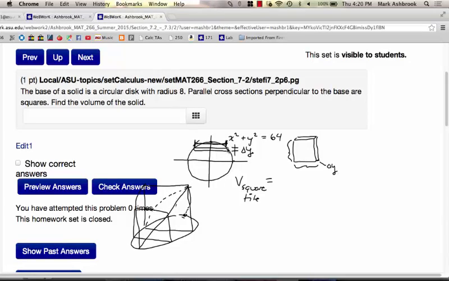From the y-axis out to here is x. This is twice, so it's going to be 2x, and that thing squared, delta y. Do you see it? Because from here to here is x, and that square's side length is twice as long as that. So it's going to be 2x on this dimension, 2x on this dimension, and delta y. So this is basically 4x squared delta y.